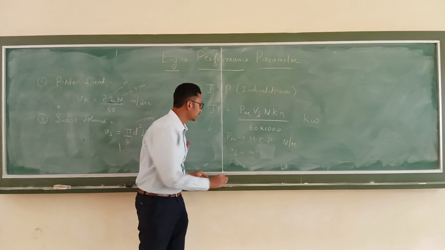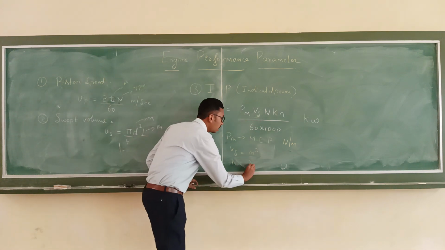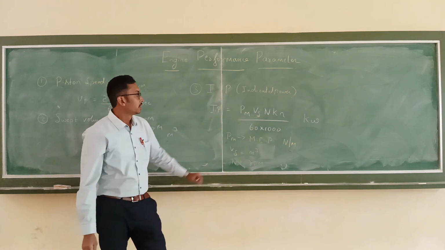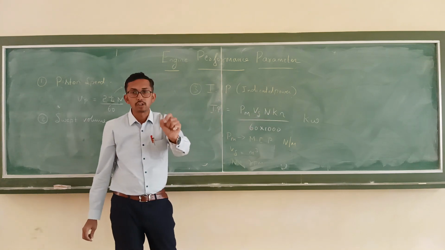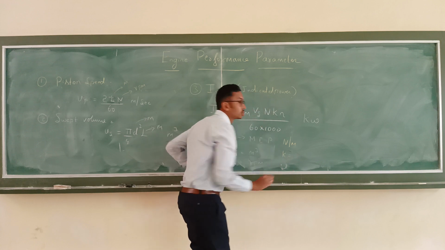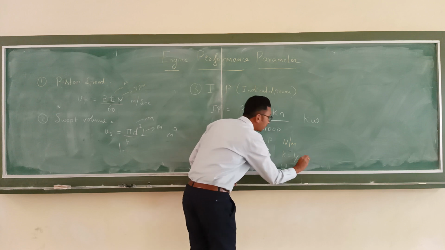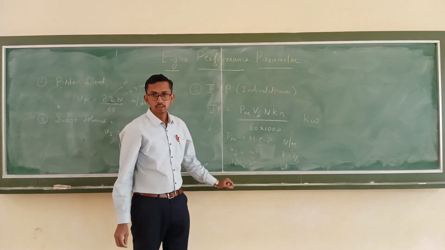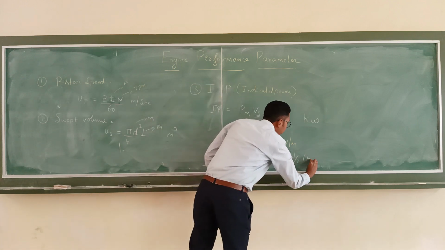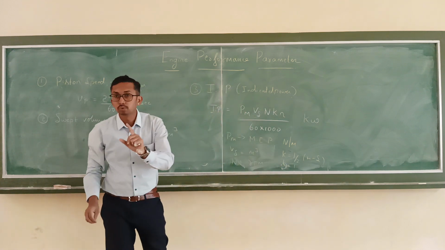What is the next thing? N. What is N? Engine speed in RPM. Next, what is K? K is a constant. If the problem is on a 4-stroke engine, the value of K will be equal to 1 by 2. K is equal to 1 by 2 when it is a 4-stroke engine, and K is equal to 1 when it is a 2-stroke engine.